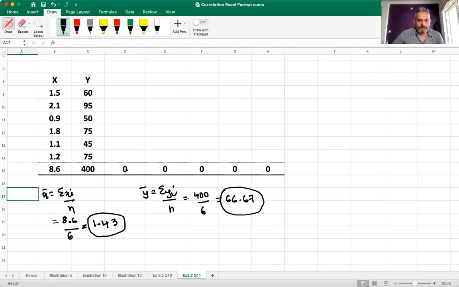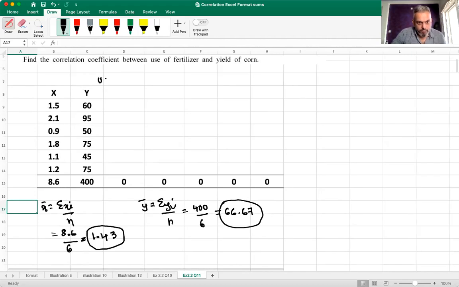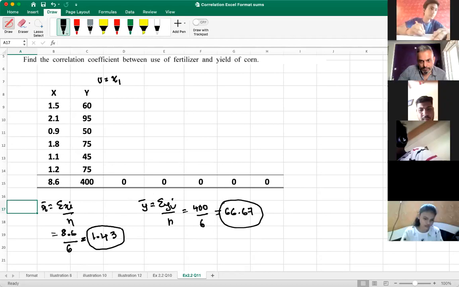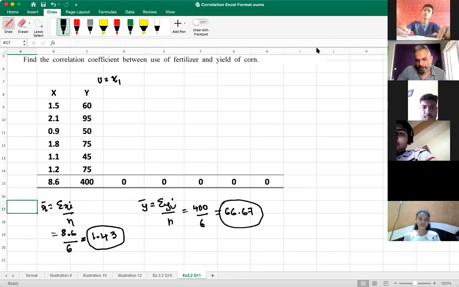So let's start and find out U and V, because the numbers are in fraction, the means are in fraction. Now over here, even the values of X are in fraction. So let's convert it into U. So U is equal to X minus 1.43. Do you want to take 1.5, 1, or 2?